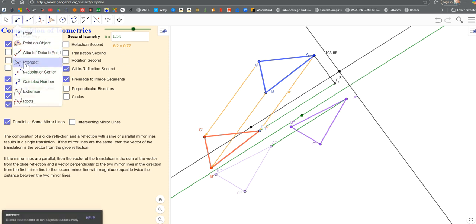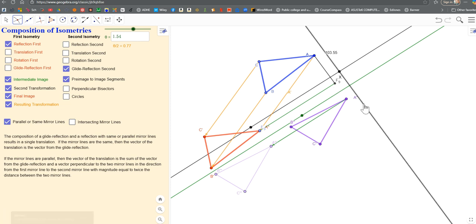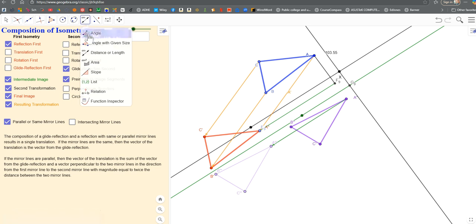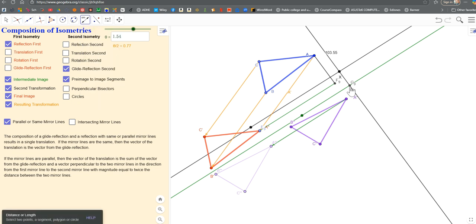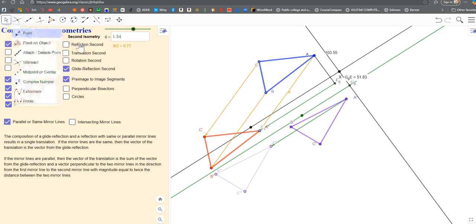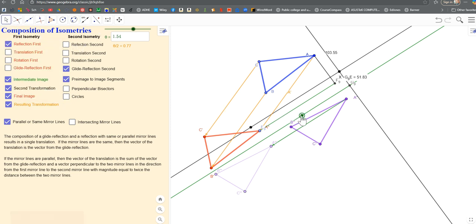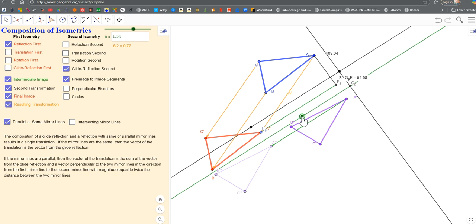Let's just use the intersection tool. This one and this one. Now we want to find the distance there. Okay. So that's right at 55.